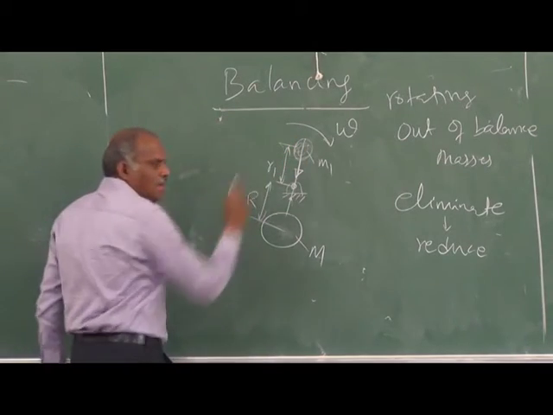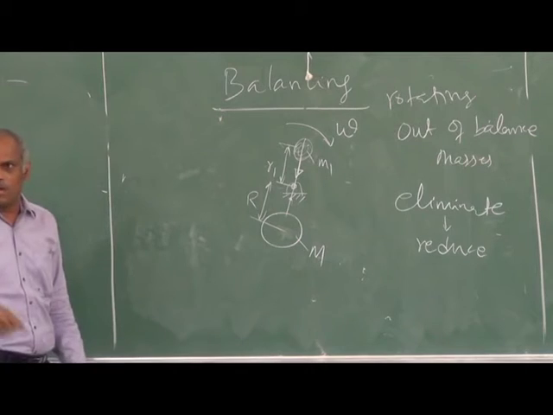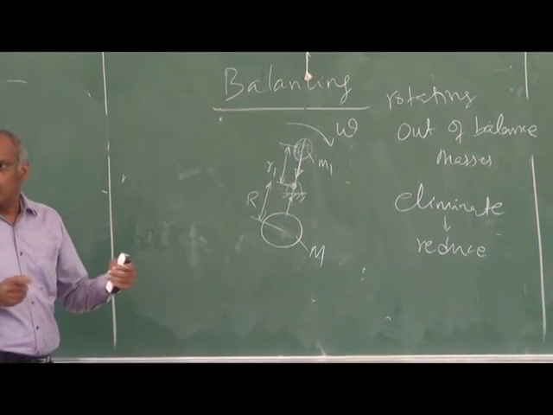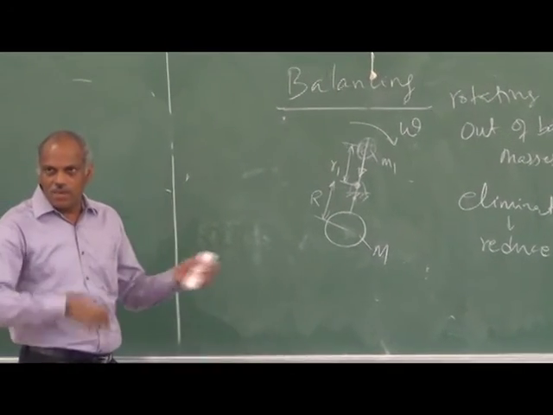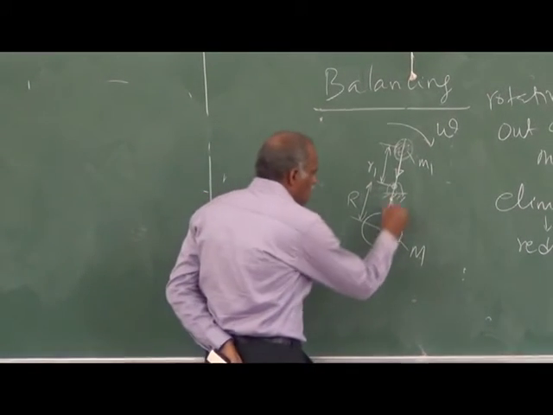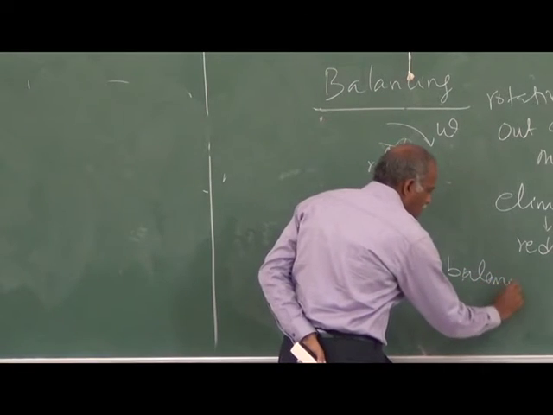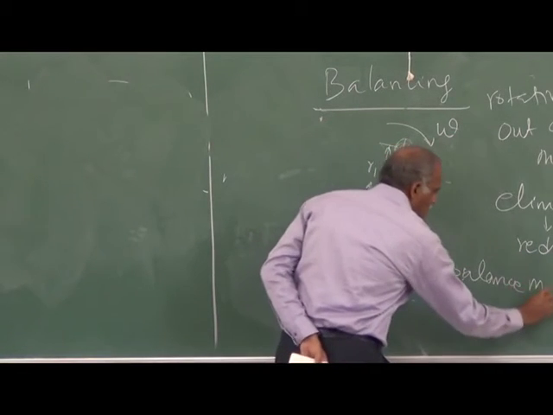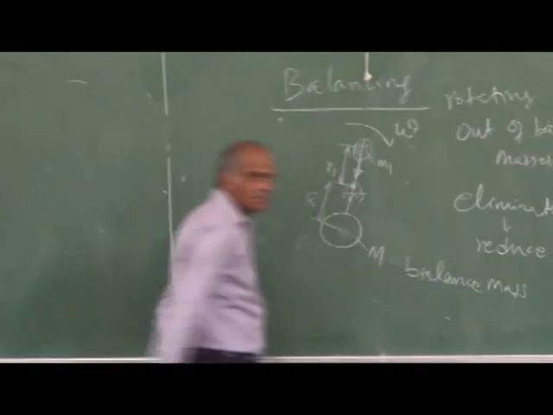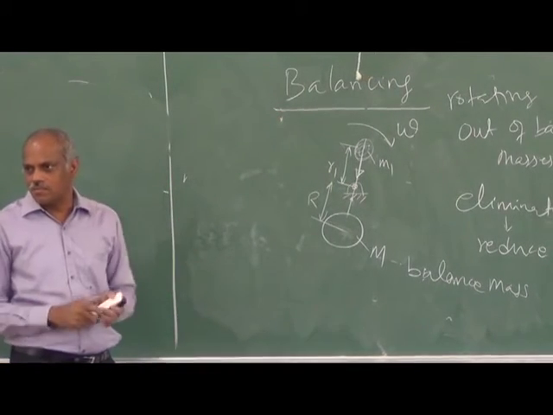So this is the out of balance mass. You are going to introduce a mass to eliminate that shaking force. This is a balance mass. You introduce a balance mass to balance it.